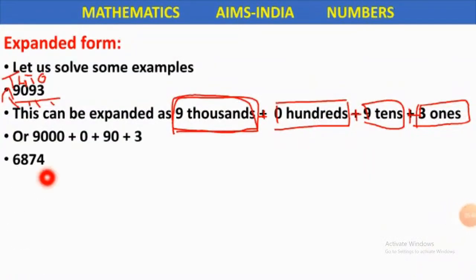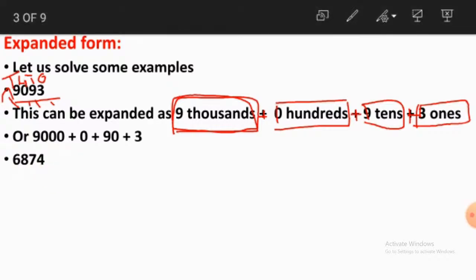Let us solve another example. Okay, the second example is 6874. What is the number, children? 6874. Now I will tell you a simple trick here. The question is 6874, right? We'll take the first digit 6.